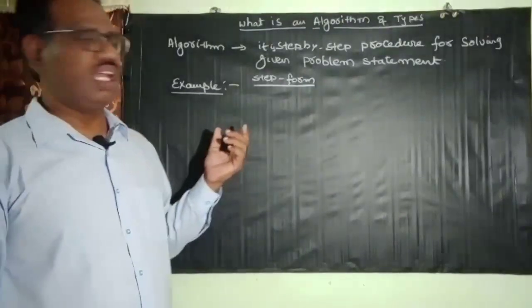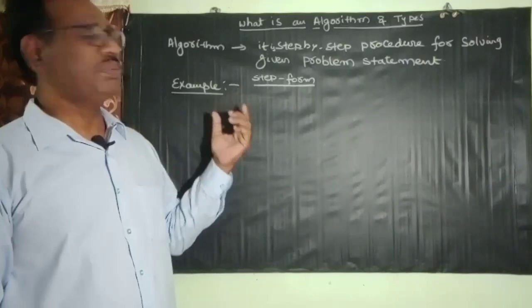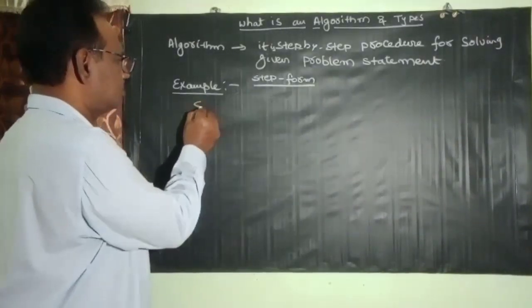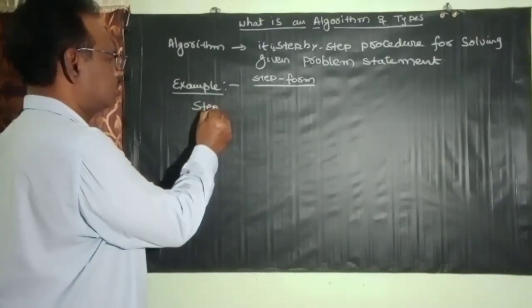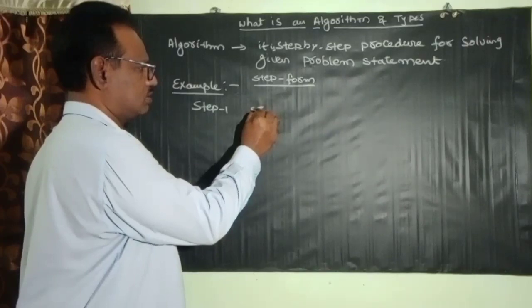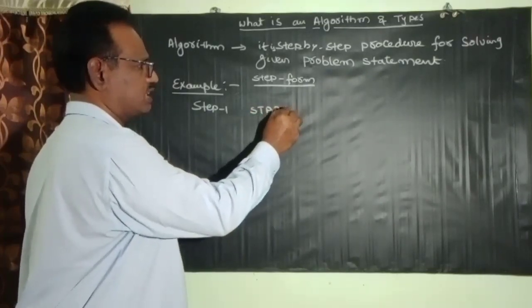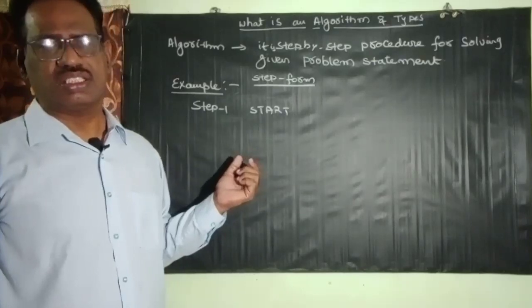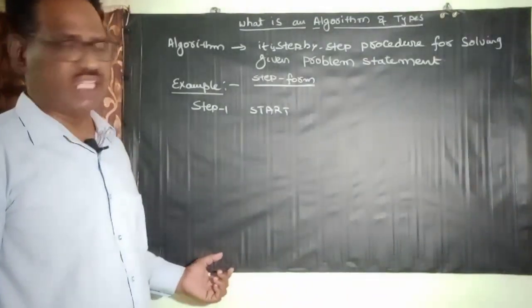I am taking an example of an algorithm in step form. So step 1: start. Following these rules, start. I explained this one: the first statement should be start and the last statement should be end.